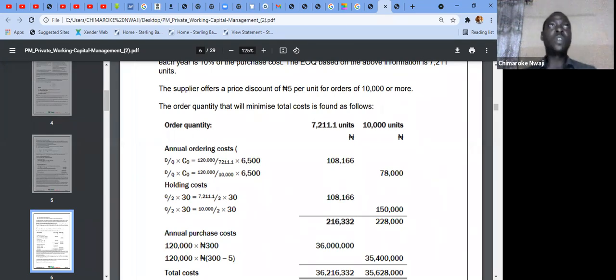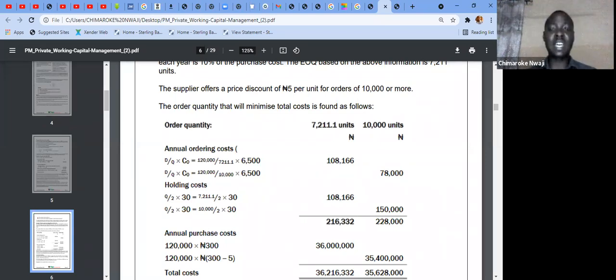Or somebody who is buying data, 2 gig in 2 days, 500 naira. By the time you spend 1 month, you are spending 30 gig, you are spending 7,500. And somebody is spending 3,000 naira for 10 gig, 30 gig is 9,000.